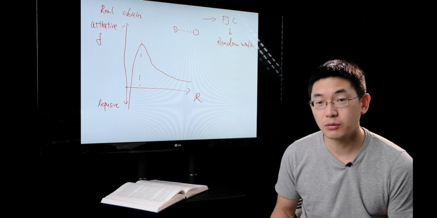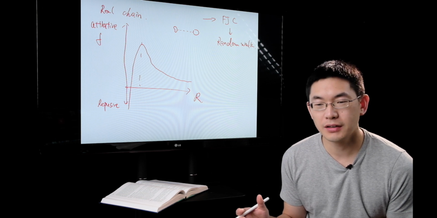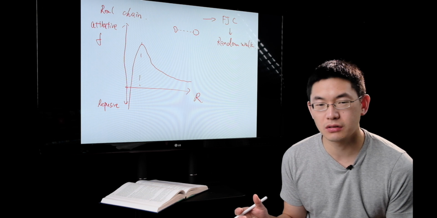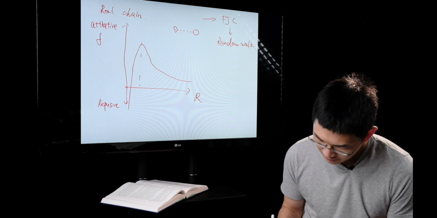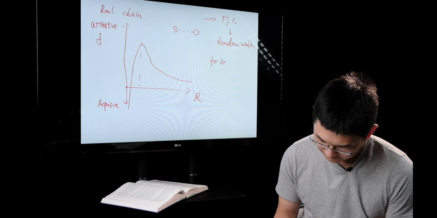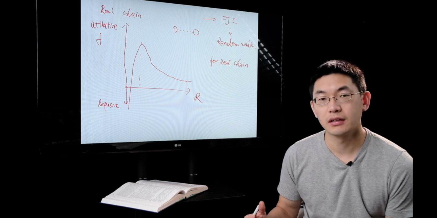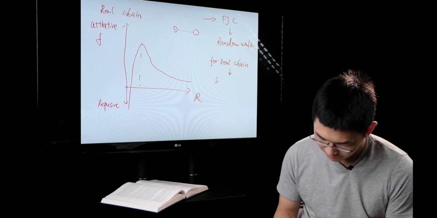What the random walk does is basically a way for you to visualize a material moving around freely in three-dimensional space. For the real chain, we can also generate a computer model. This is often called the self-avoiding walk.